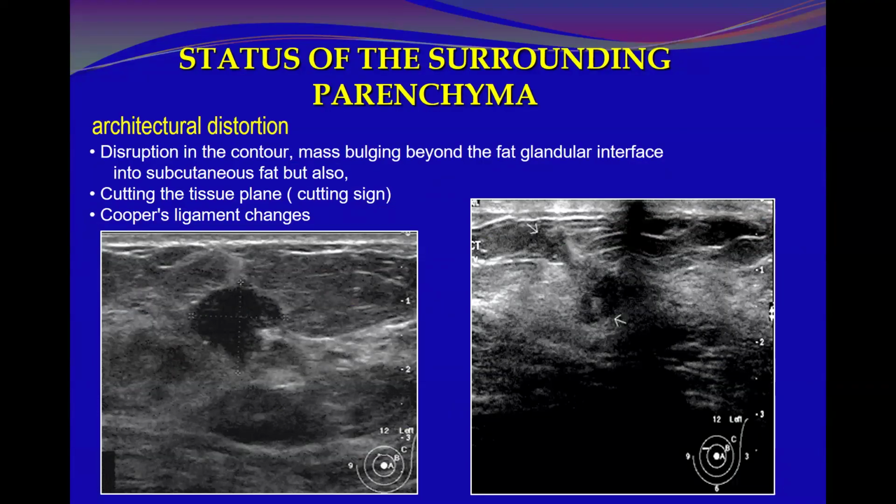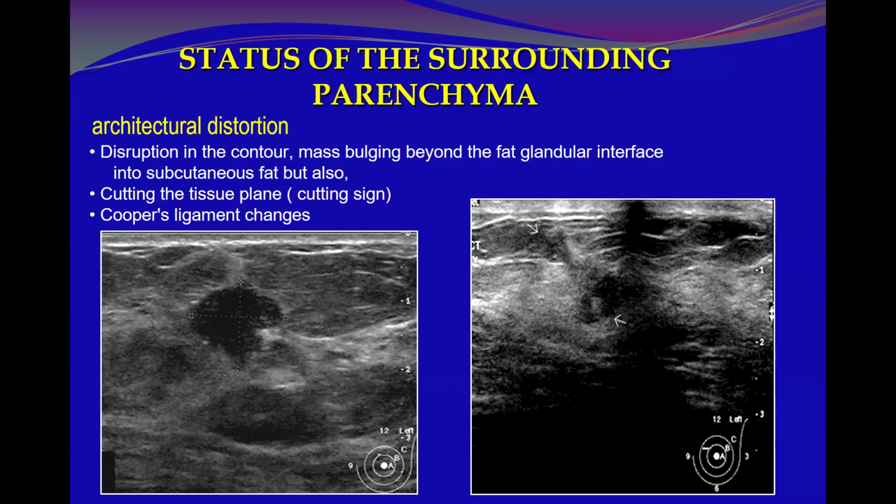Again, here we can see these two irregular hypoechoic non-parallel masses. In these two examples, bulging into the pre-mammary zones, beyond the contour of the fat glandular interface. But even a benign tumor can bulge beyond the contour.